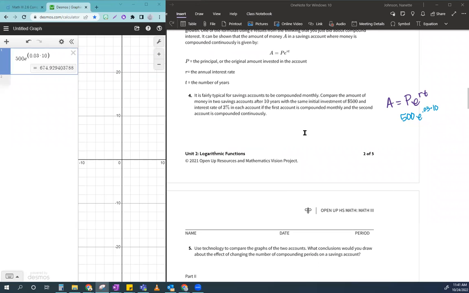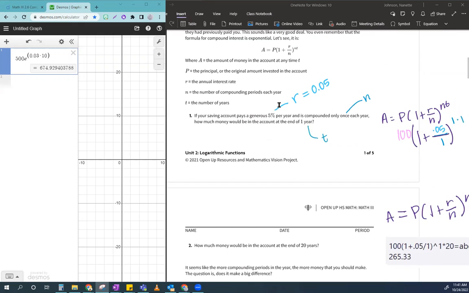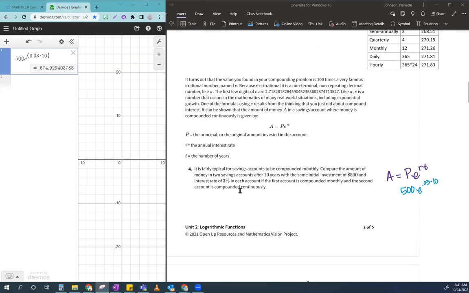Okay, so then I plug into the other equation for this one, to compare it. They wanted you to compare it if it was compounded monthly. So then I would go 500 times 1 plus 0.03 divided by N. How many times a year is monthly?